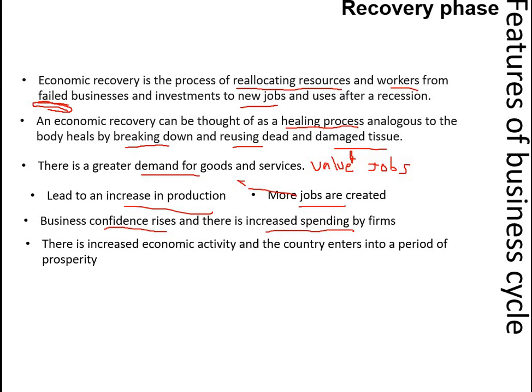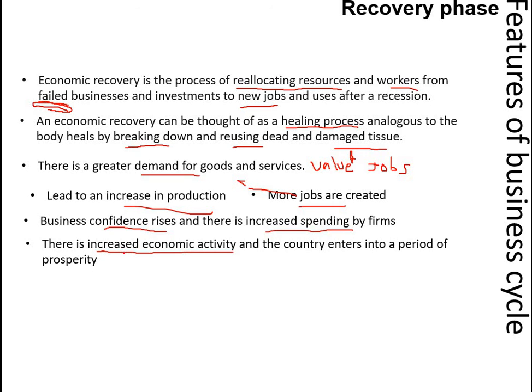Also, the government can provide skills and subsidies, so that these guys will be okay. So there is increased economic activity. All right? We are simply saying now people are working. People are going to work.